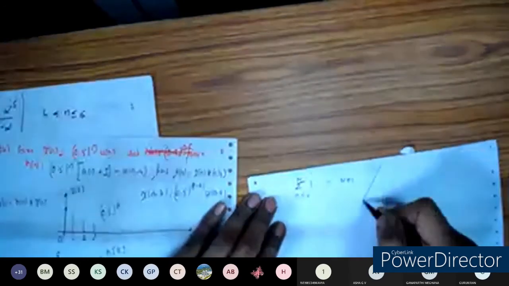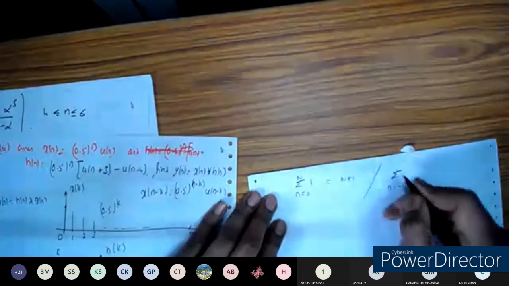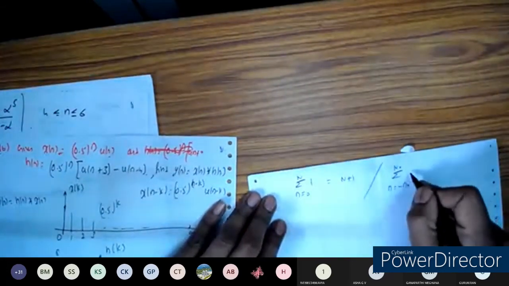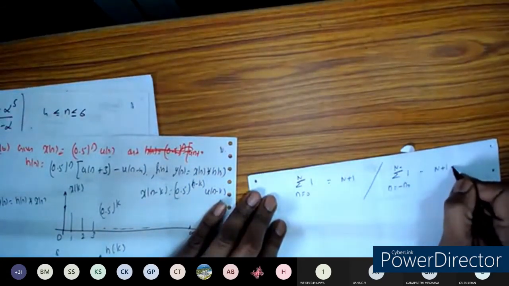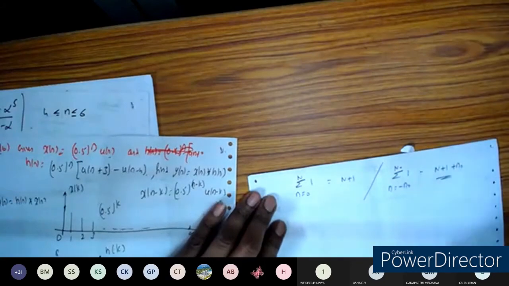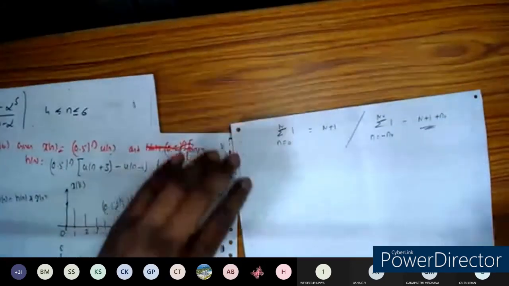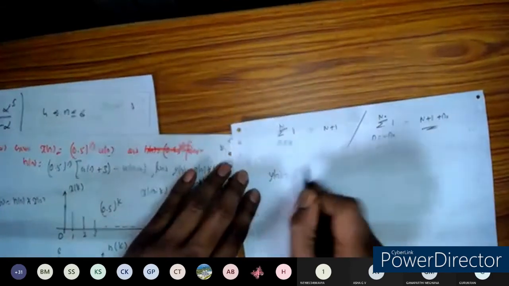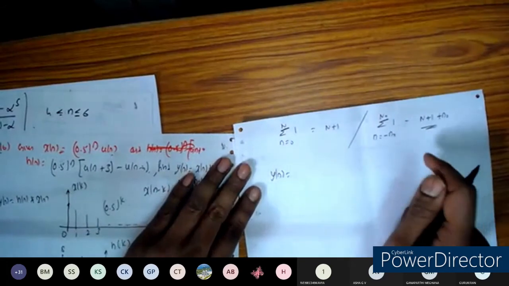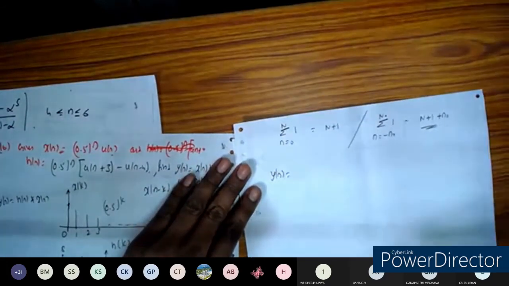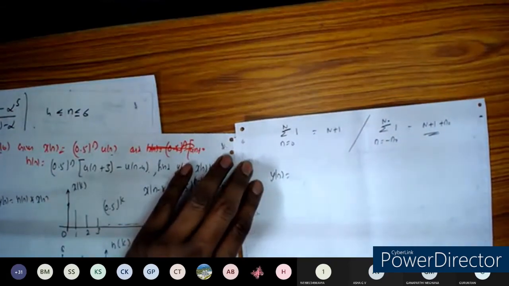The other formula is the summation from minus n naught to n of 1, which is n plus 1 plus n naught. In a similar way you can get the others, so you can make a list of the formulas at the end of your notebook. If I forget, you should remind me and tell me the value of this. I think everyone is making the list of formulas at the end of the notebook.